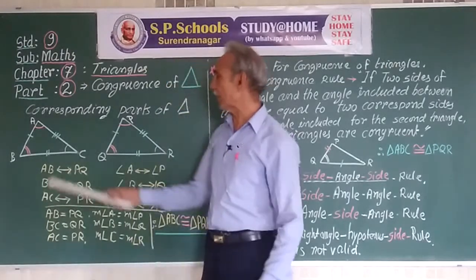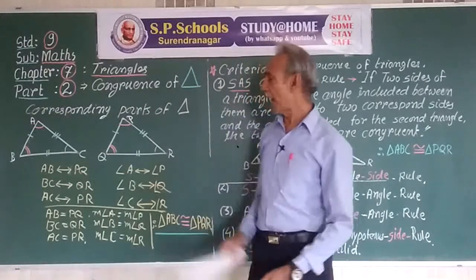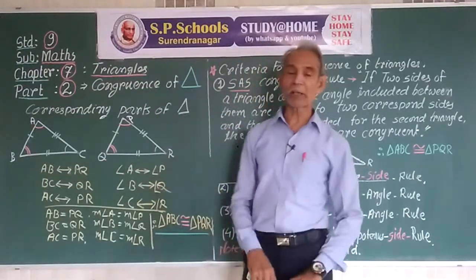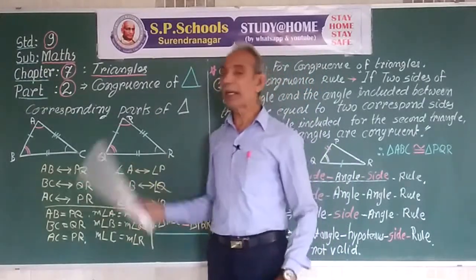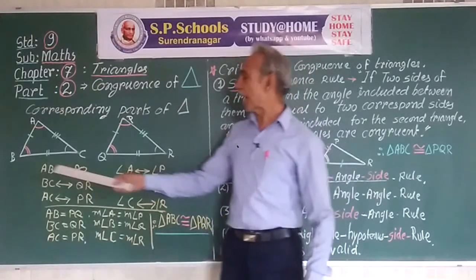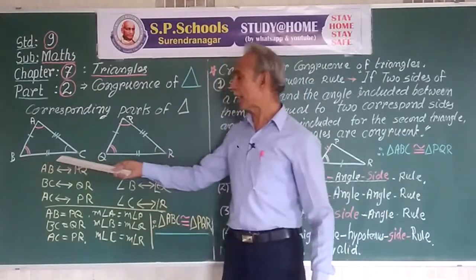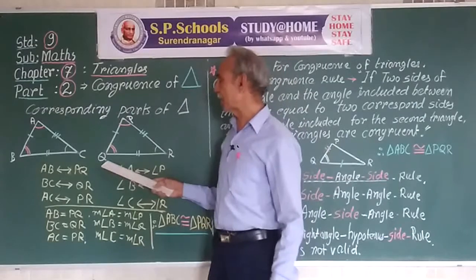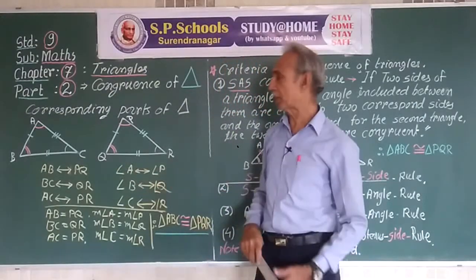Suppose a line segment is of 5 centimeters and here also a line segment of 5 centimeters. They are equal in length, but the line segment is made up of infinite number of points. Here also infinite number of points.